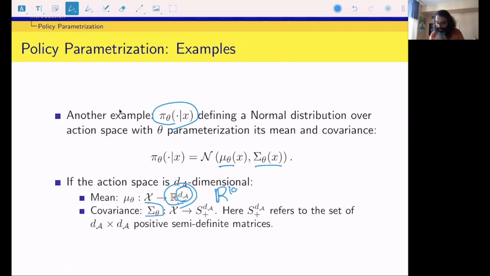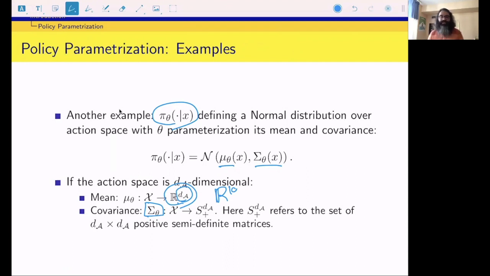And then the covariance would be a similar mapping, but because the covariance has some properties, it should be positive semi-definite, we have to make sure that our representation keeps it positive semi-definite.